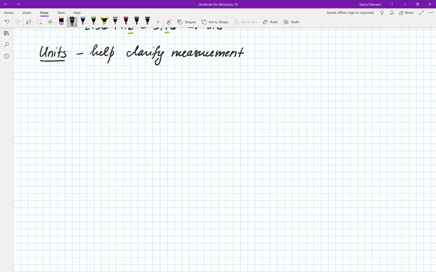That could be anything. But if I say there are 10 people in the room, then it's very clear what I'm talking about. So even some clarifications like that can serve as units of measurement. In this class, we're going to be using what's called fundamental units.